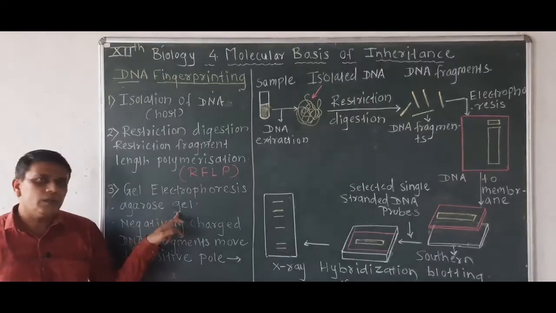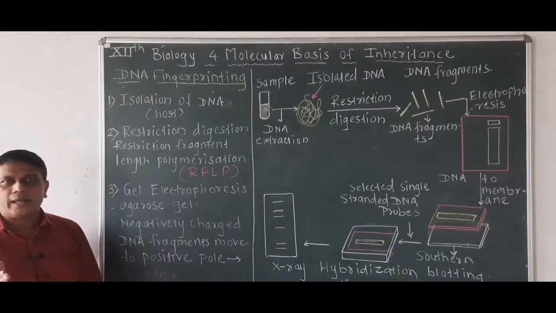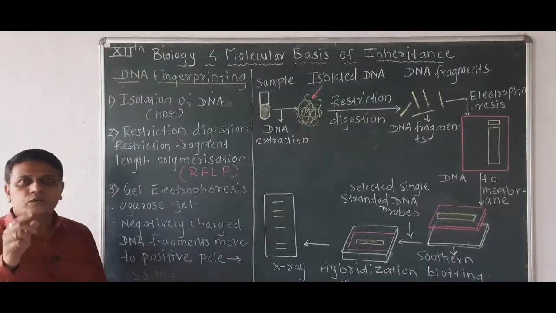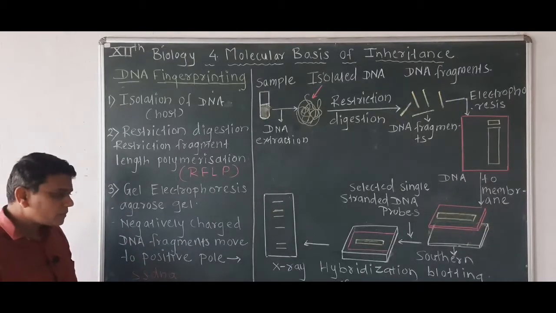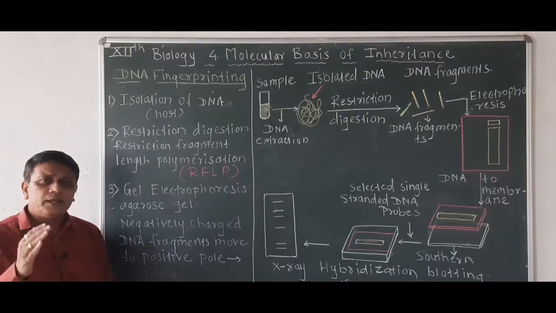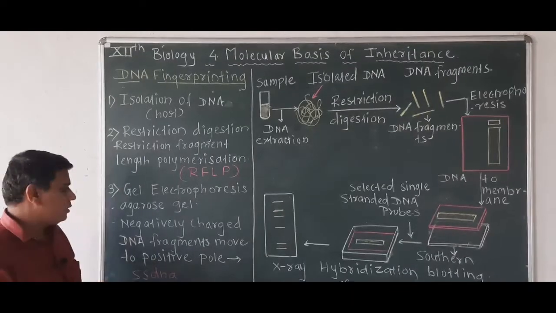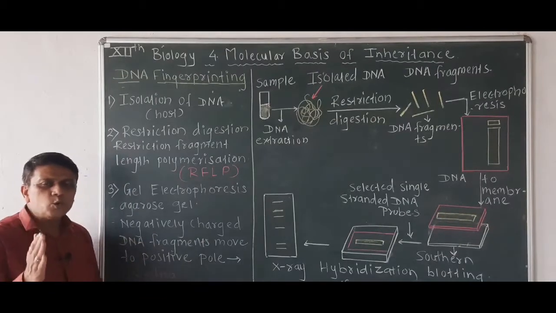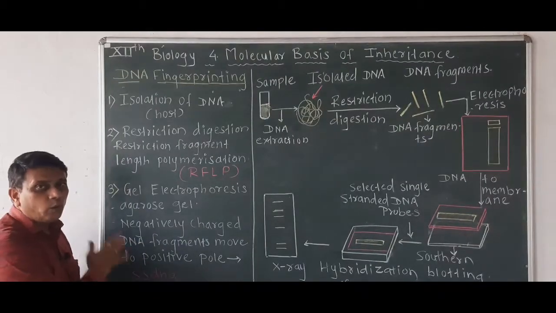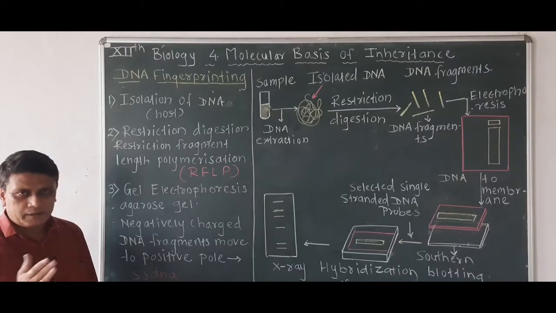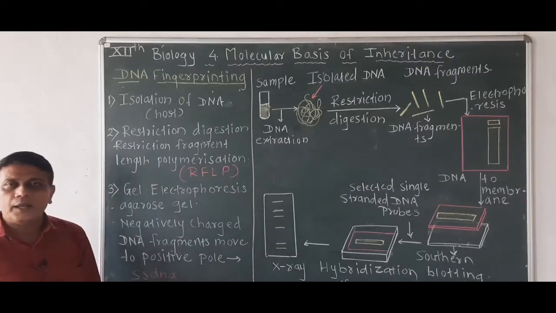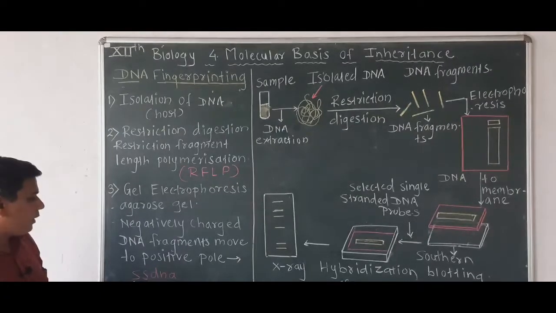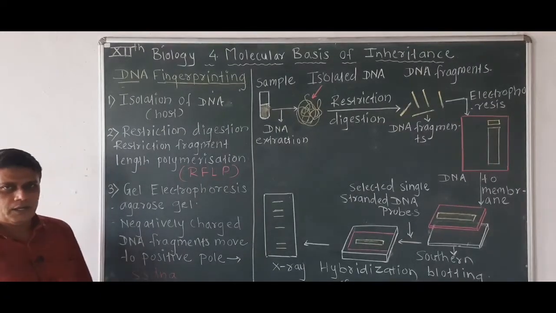This agarose gel is obtained from the substance called agar-agar. When the process of electrophoresis is conducted, as you know, DNA is negatively charged. So these negatively charged DNA fragments move towards the positive pole, and during this movement the double stranded DNA is converted into ssDNA, that means single stranded DNA.